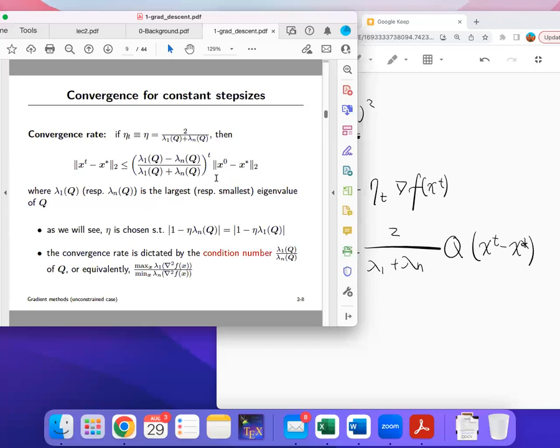We call this the condition number of this matrix. Lambda 1 is the largest eigenvalue, and lambda n is the smallest one. Ideally, it will be better if this is closer to 1.